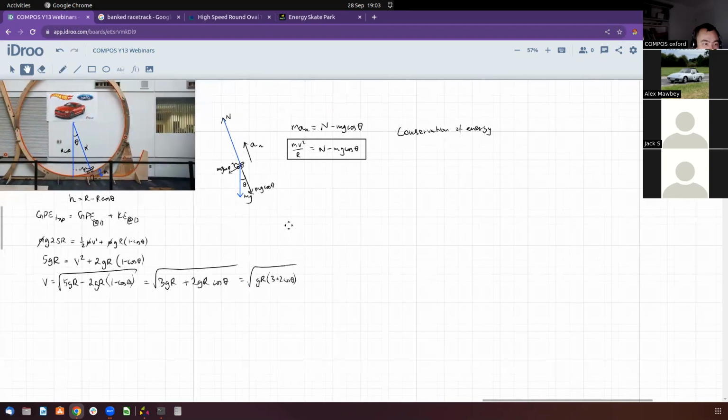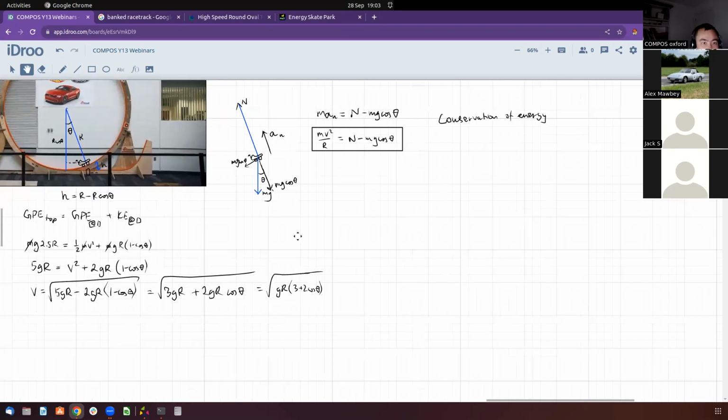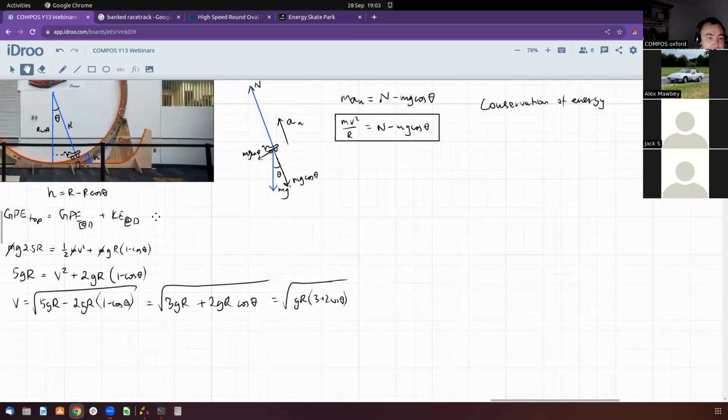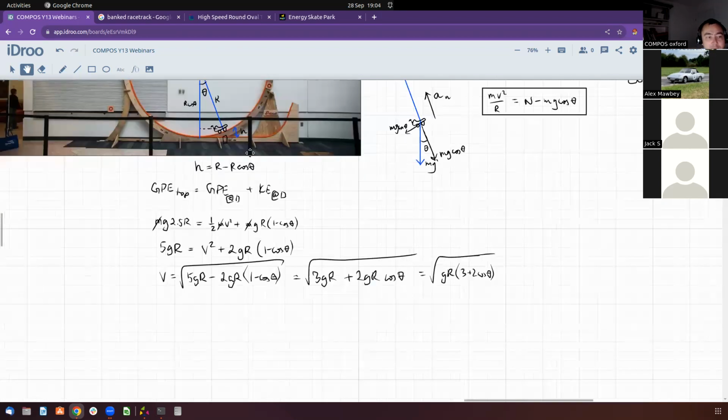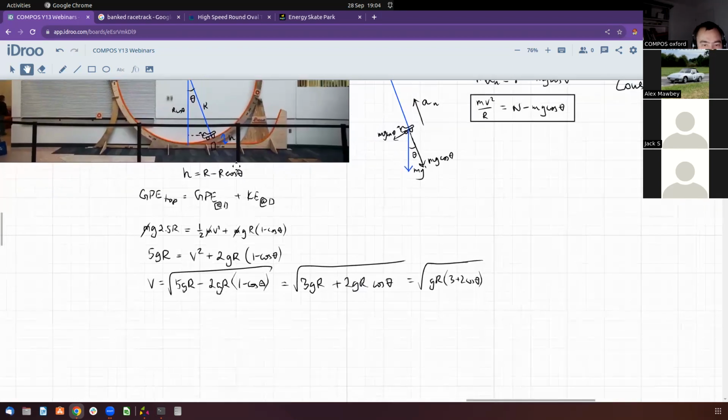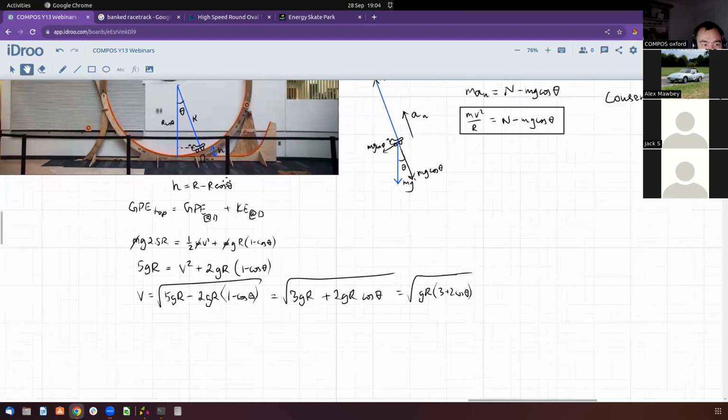And now all we need is to put this in. It's going to get a little bit messy.